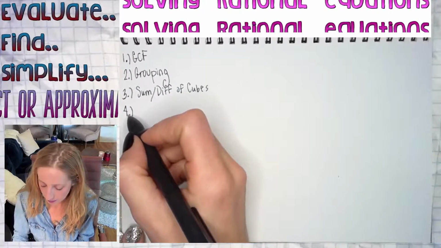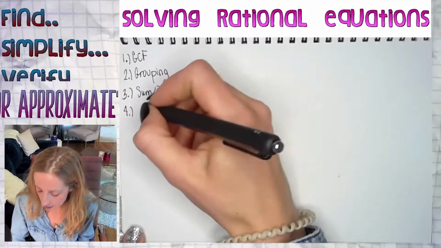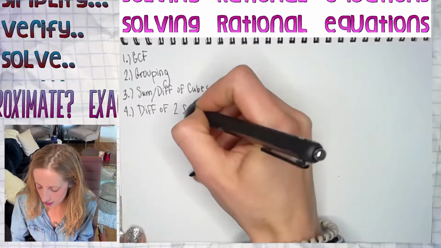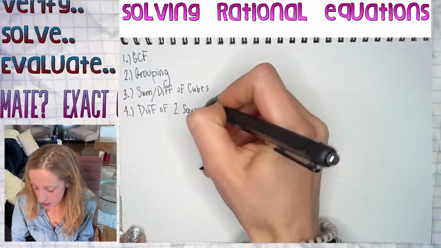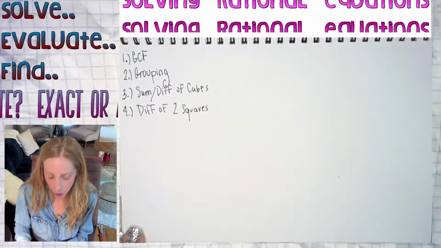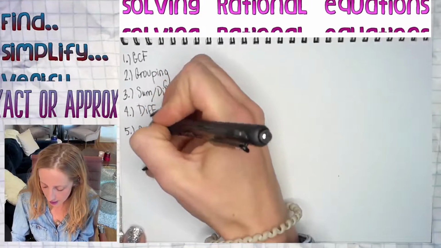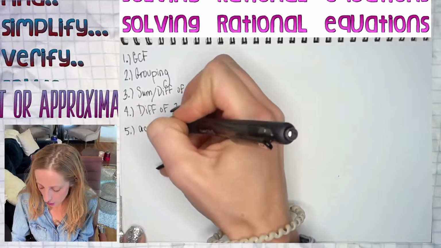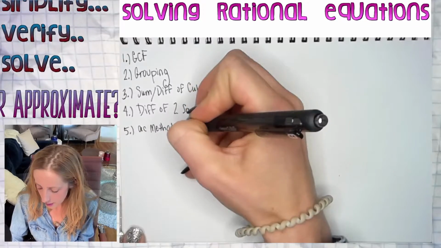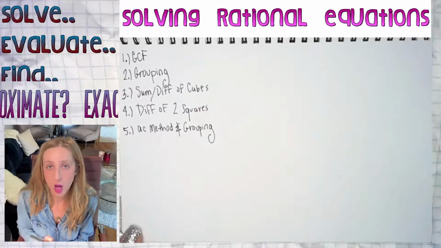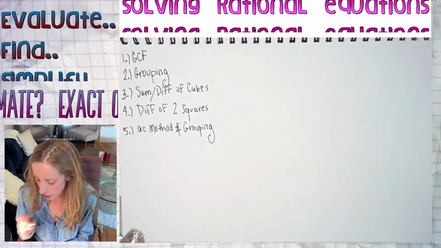Number 4 is a perfect square. That one is the difference of 2 squares. And the last method we did was really a combo method, and that was the AC method and grouping. So these are all still heavy into play while we do this unit on solving rational equations.